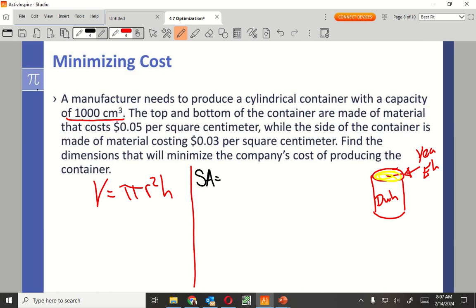I call it SA. It's normally referred to as just SA for surface area. So I have the area, which is pi r squared. But since I have a top and a bottom, I'm going to multiply that by 2. That's going to take care of my top and my bottom.